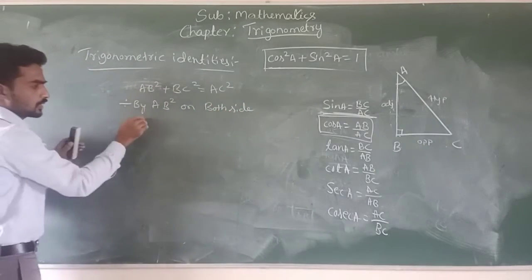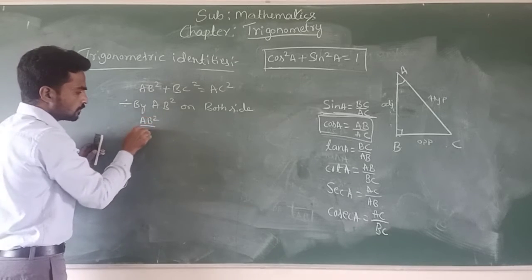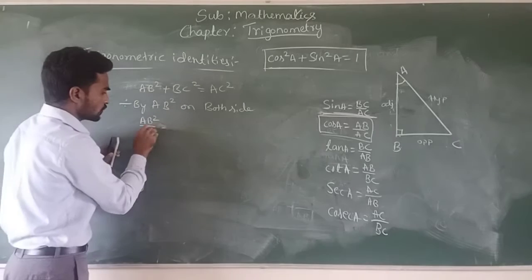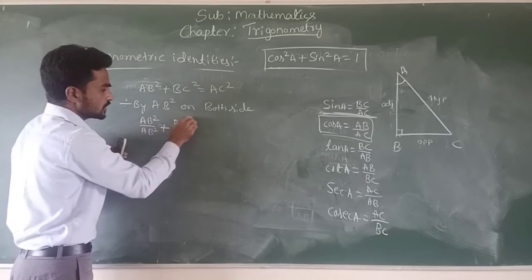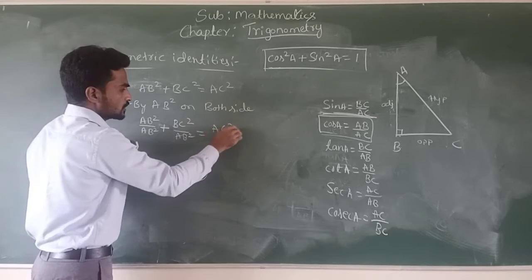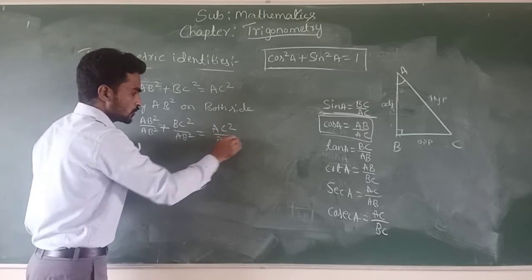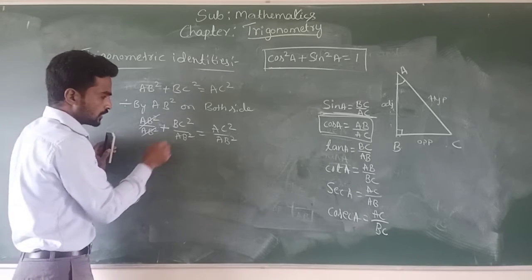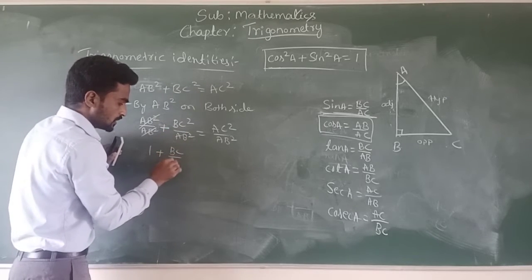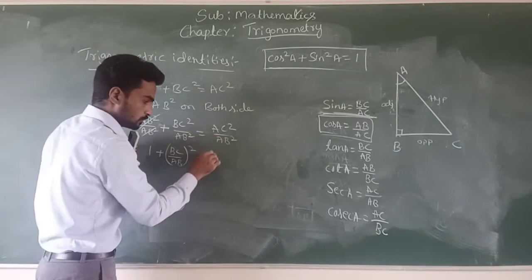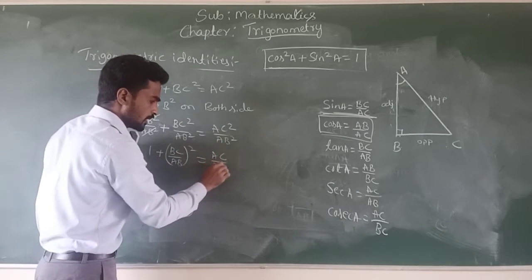We get AB square divided by AB square plus BC square divided by AB square, that is equal to AC square divided by AB square. Then the first will be cancelled out to 1. Plus, this can be written as BC divided by AB whole square, that is equal to AC divided by AB whole square.